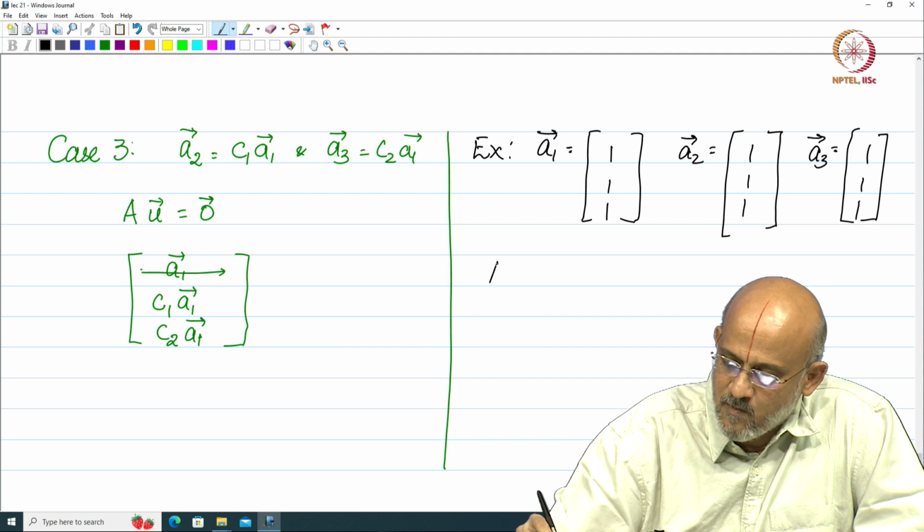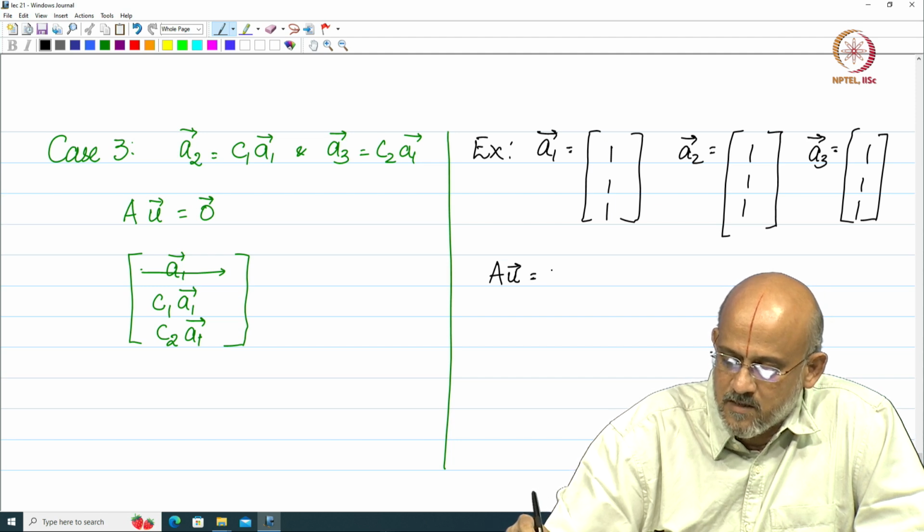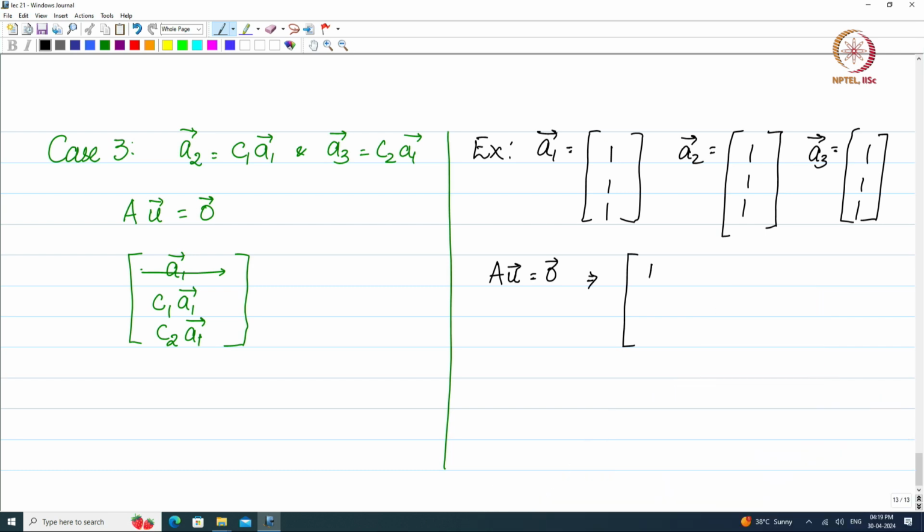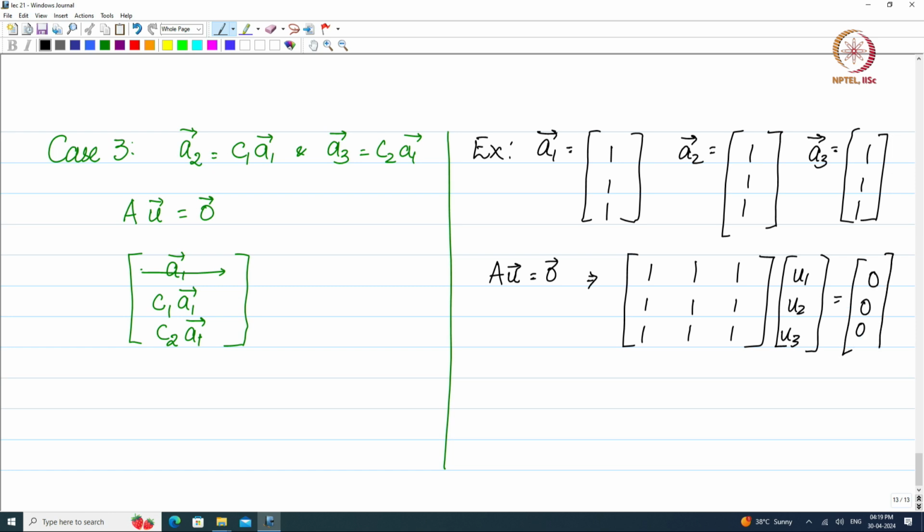Now, what I want is Au equal to the 0 vector, where A is the matrix with rows 1 1 1, 1 1 1 and 1 1 1, times u1 u2 u3, equal to the 0 vector on the right hand side.